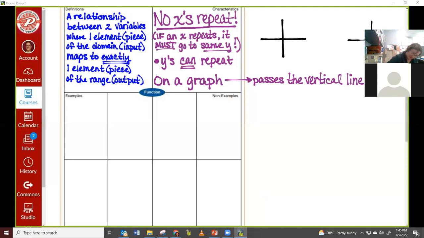If I have a graph like this parabola right here, if I draw a series of vertical lines on it, and no matter where I draw those vertical lines, it only crosses my blue parabola in one spot each time, it passes.